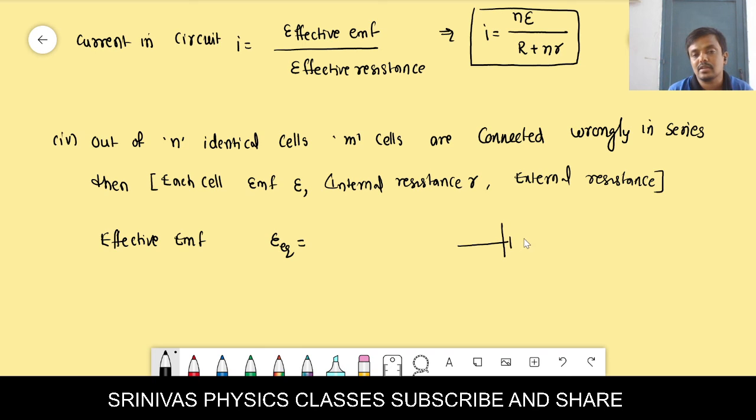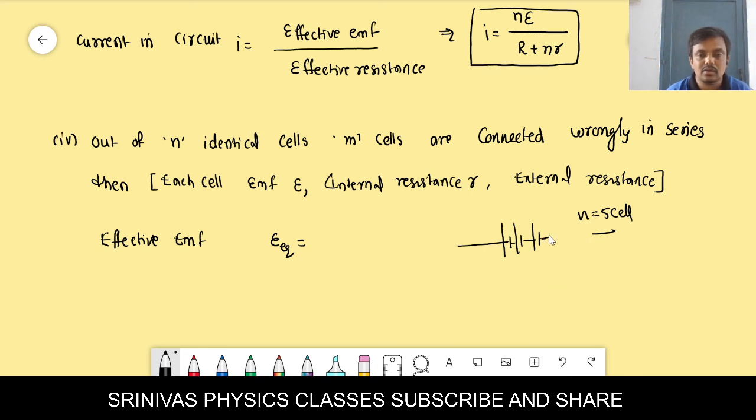You see here, this is 1, 2, 3, 4, 5. How many cells are these? 5 cells, yes or no? In this, the last two I am connecting wrongly. How do you connect wrongly?